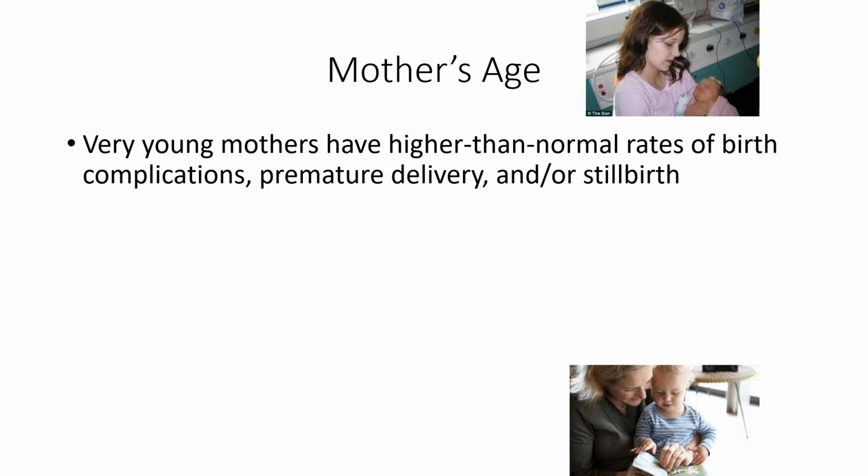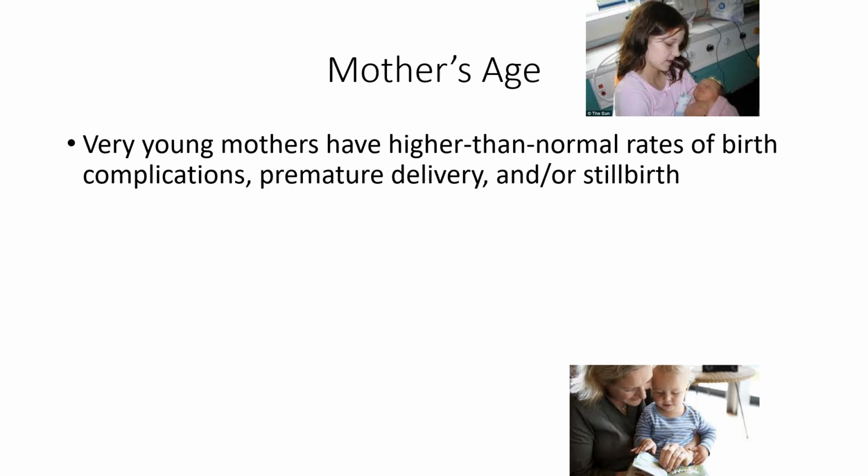Let's look at something real quick, just looking at how it works with younger and older women. Very young mothers tend to have higher than normal rates of birth complications, premature delivery, and stillbirth. This tends to be because younger mothers don't seek out proper medical help.